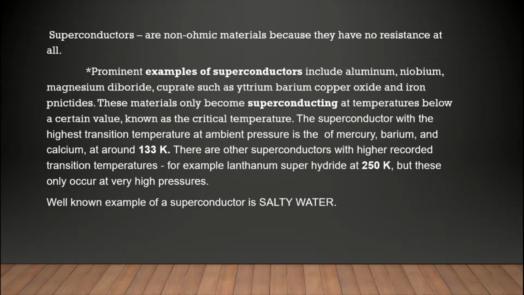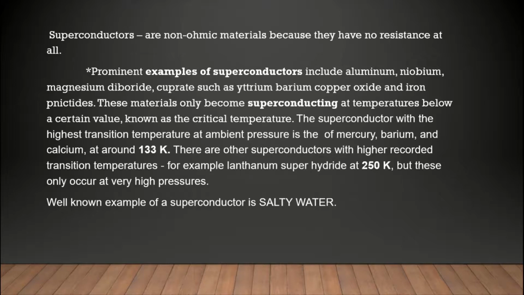Let's proceed. Superconductors. Superconductors are non-ohmic materials because they have no resistance at all. Prominent examples of superconductors include aluminum, niobium, magnesium diboride, cuprates such as yttrium, barium, copper oxide, and iron pnictides.